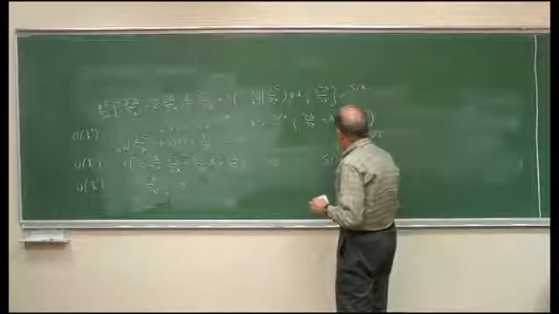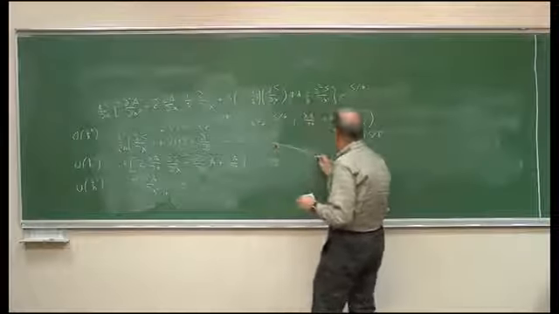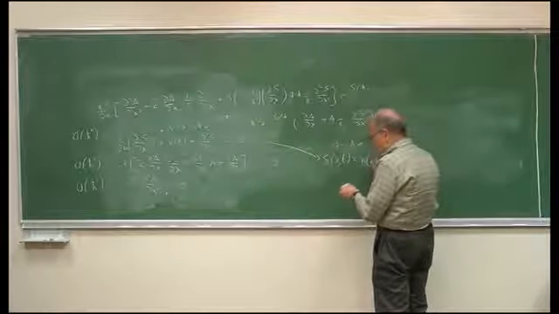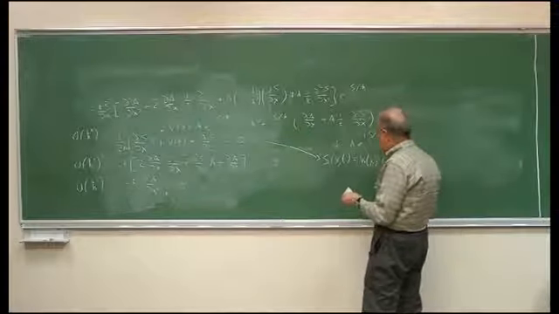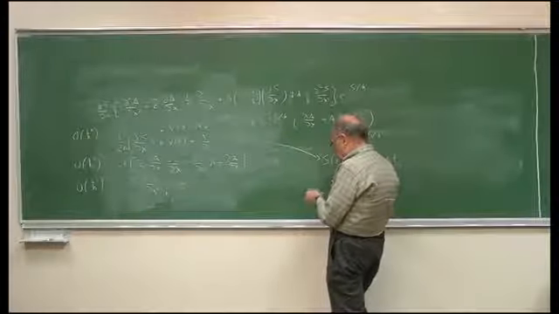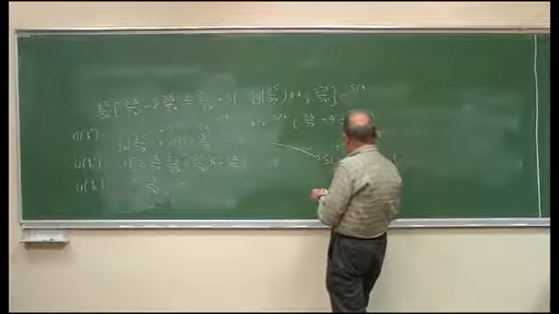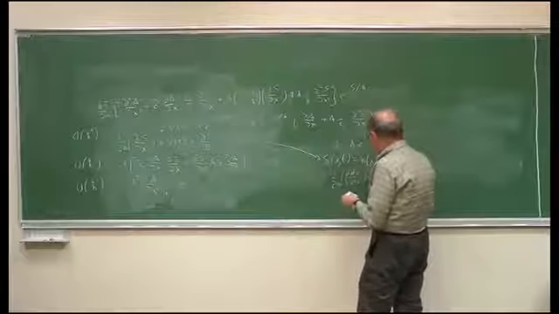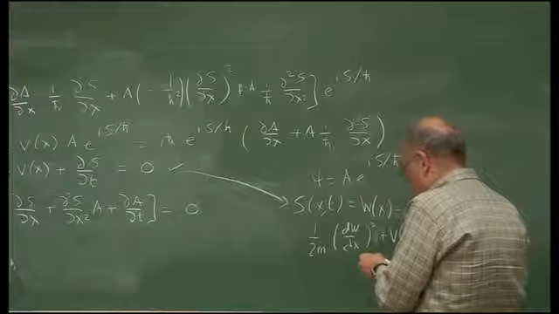Usually, we separate like this: S of x, t is, of course for this Hamilton-Jacobi equation, W of x minus E t, and then we get 1 over 2m times dW by dx squared plus the potential V of x is equal to the energy.